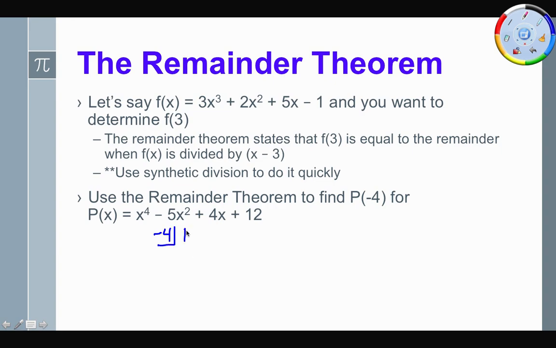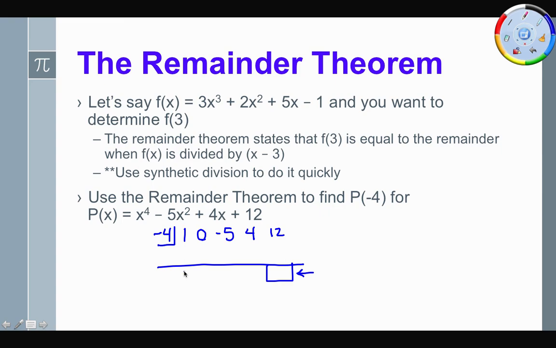And for your coefficients, notice that I'm missing a cubic. So I have an x to the 4th, and I need a 0 for my x to the 3rd. I get a negative 5 for the square, a 4 for the linear, and a 12 for the constant. I draw my box, because that is what I want.